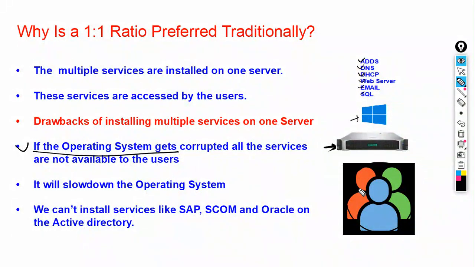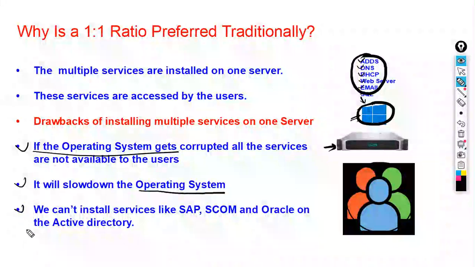All these users will access these services via one operating system. So it will be overloaded, and it will slow down the server. This is the second problem: it will slow down the operating system.